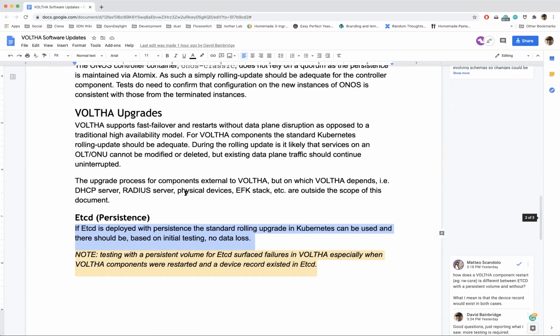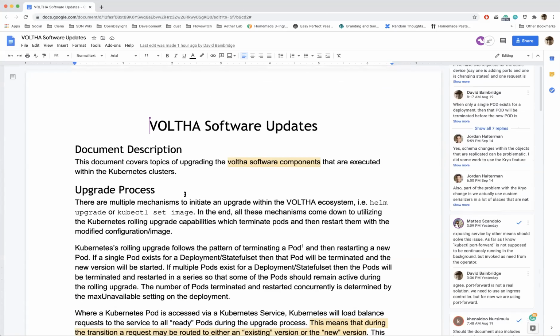Again, the summary is leverage the rolling upgrade of Kubernetes, and where we need to tweak things, let's see what that is and try not to tweak anything to make it non-standard. The biggest issue seems to be that requests in flight during a rolling upgrade may cause failures.